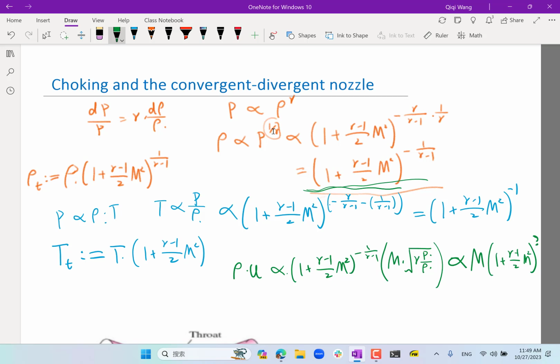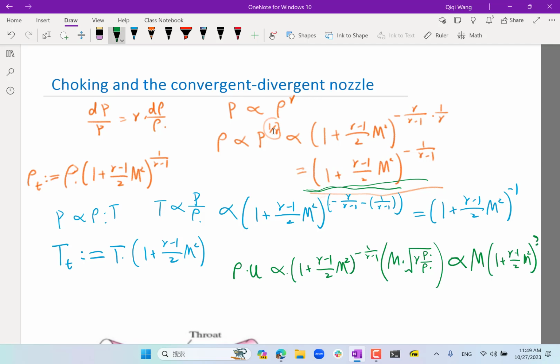Okay. So what this means is that along an isentropically accelerating or decelerating streamline, the mass flux per unit area, as Mach number goes from 0 to higher, first increases, right? Because Mach number increases. But later on, you're going to see the exponent is going to be negative.